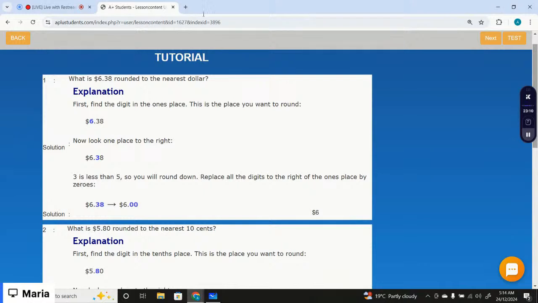The whole number is 6. And after the decimal point, you have 3. So 3 is less than 5. So you need to round on the same whole number. $6.38 is rounded to $6.